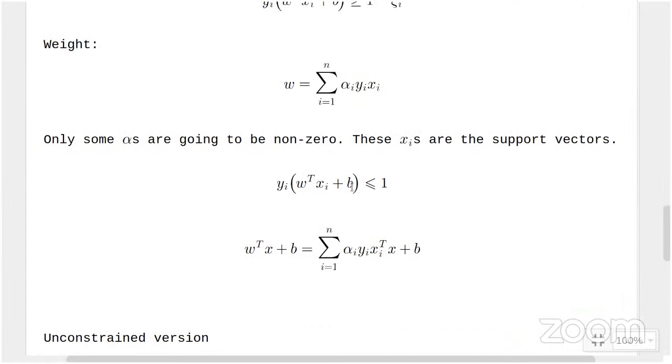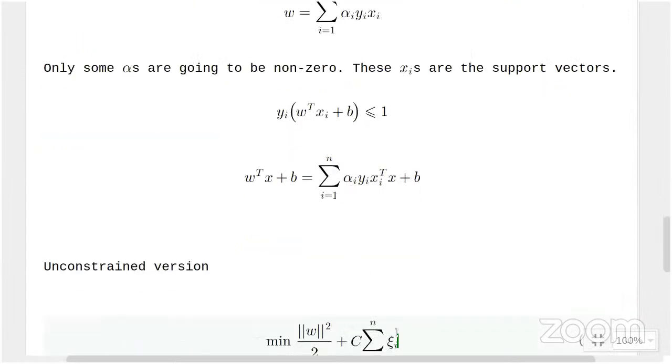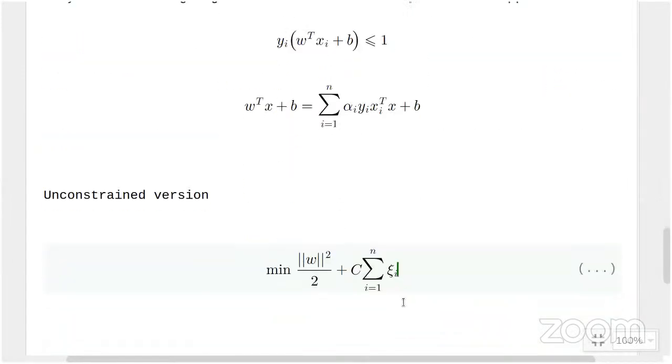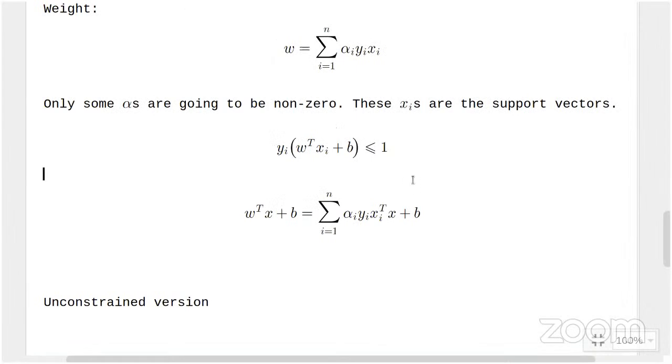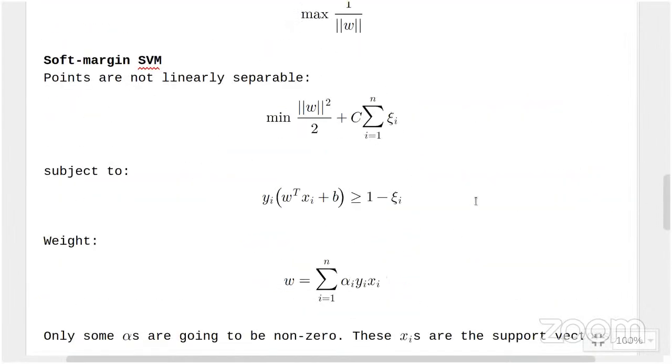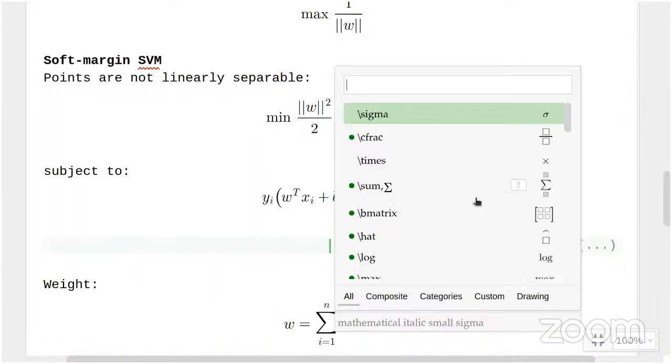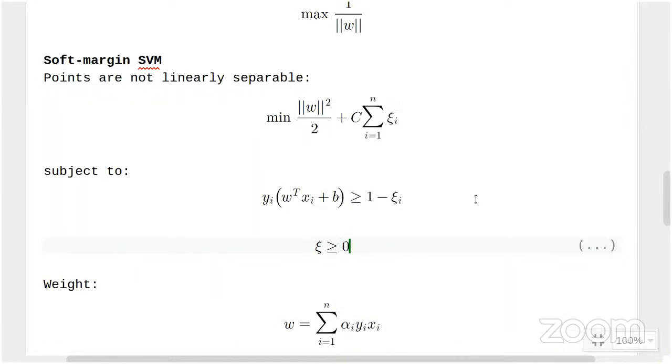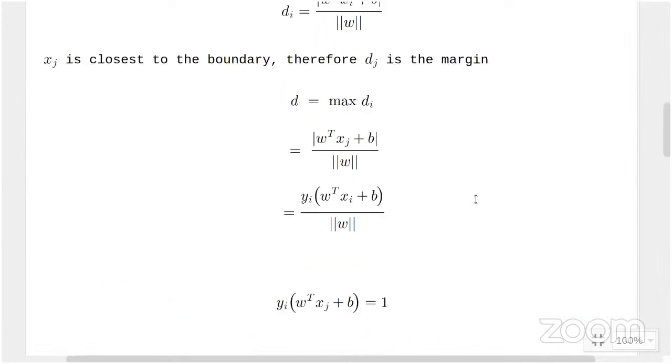So what you do is, you can basically express this slack as, okay, there are several things I missed here. So this is not the only constraint. You also have, remember that the slack is always non-negative, right?